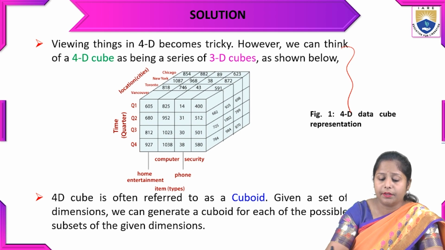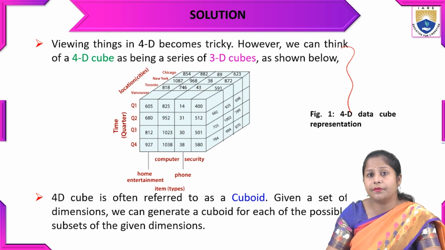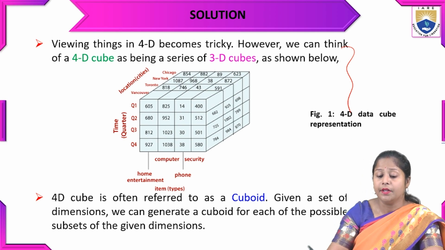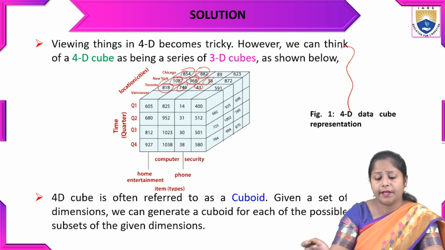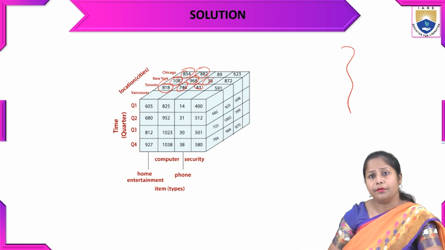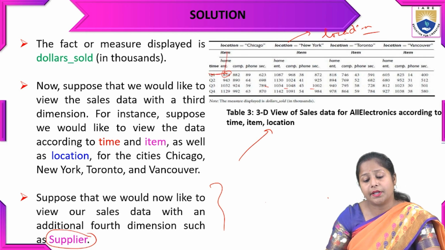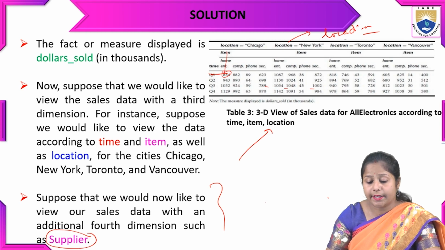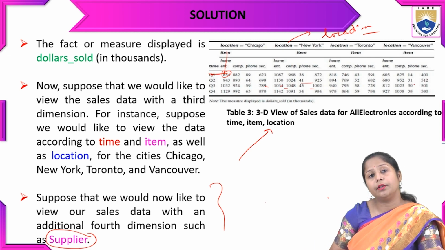In the earlier 2D and 3D representations, all the facts or measures were stored. I'll show you, one second. So these are the items related to home entertainment, with respect to the Q1 time quarter, and that is 854. So all these facts or measures will be stored in the form of a data cube.